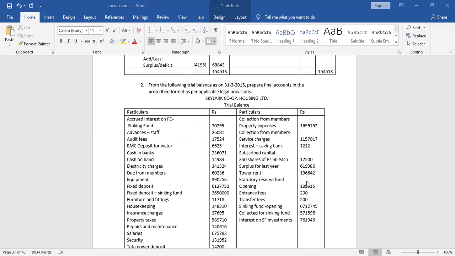Statutory reserve fund का opening दिया है, उसमें entrance fees add करना है, कैपिटलाइज करना है, ट्रांसफर फीस ऐड करना है. Then we have sinking fund opening, collected for sinking fund भी ऐड करना है सिंकिंग फंड रिजर्व में. Then interest on sinking fund investment also we will add in the sinking fund because these are all given on the credit side.